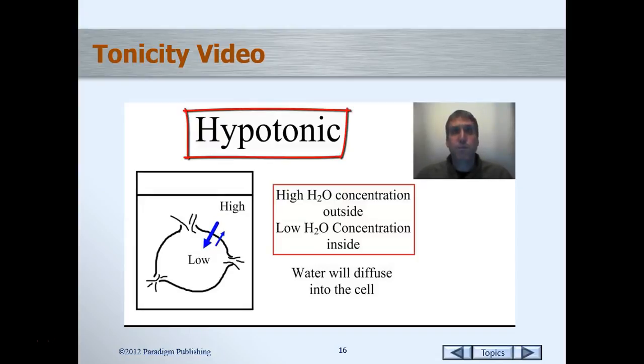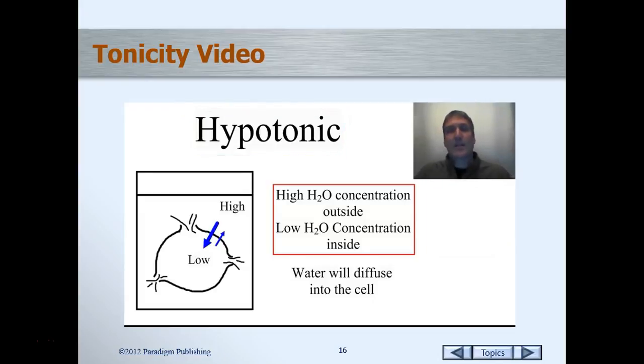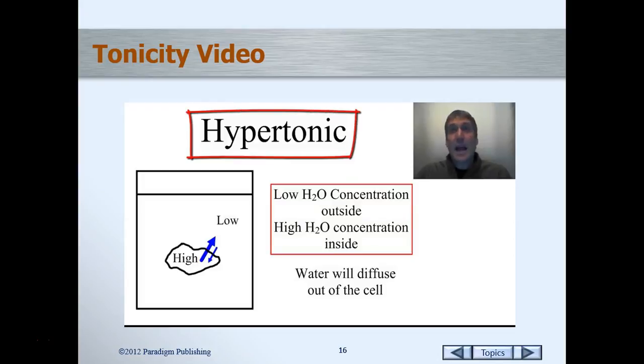The reason I said hypotonic is because there's a higher concentration of water outside the cell than inside the cell. More water is being bumped into the cell than is being bumped out of the cell, so water will diffuse into the cell, causing it to blow up. So it's hypotonic. The last type of environment is a hypertonic solution.